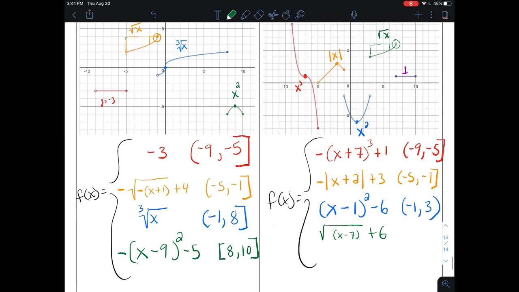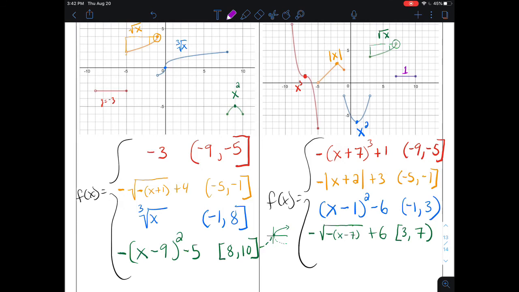Now, the square root function should have looked like this, but to make it look the way that we did with the starting point, we had to do a double reflection, so I got to make it negative on the outside, which would have turned it down like that, and then negative on the inside, which would then move it in the direction we needed. And so the domain in which we're on that square root function, we start at 3, close circle, bracket, and we go to 7, open circle, parenthesis.